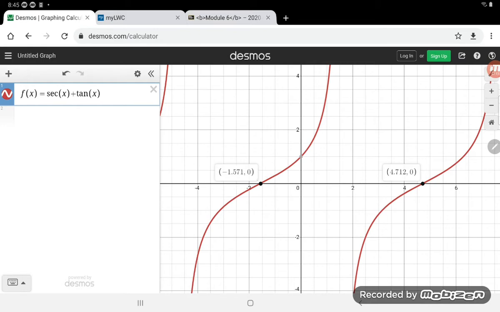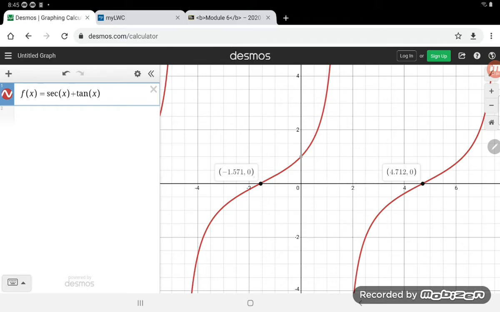So that's kind of neat. Now the function's still undefined here, but the limit is such that it seems to work, which is kind of interesting.